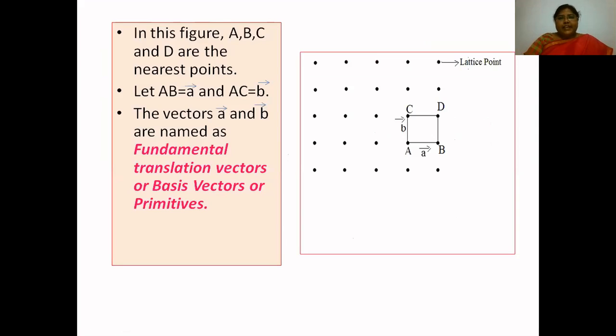If you see the diagram here, A, B, C, D are the nearest points. The distance between A and B is taken as a bar and the distance between A and C is taken as b bar. These vectors a bar and b bar are termed as fundamental translation vectors or basis vectors or primitives.